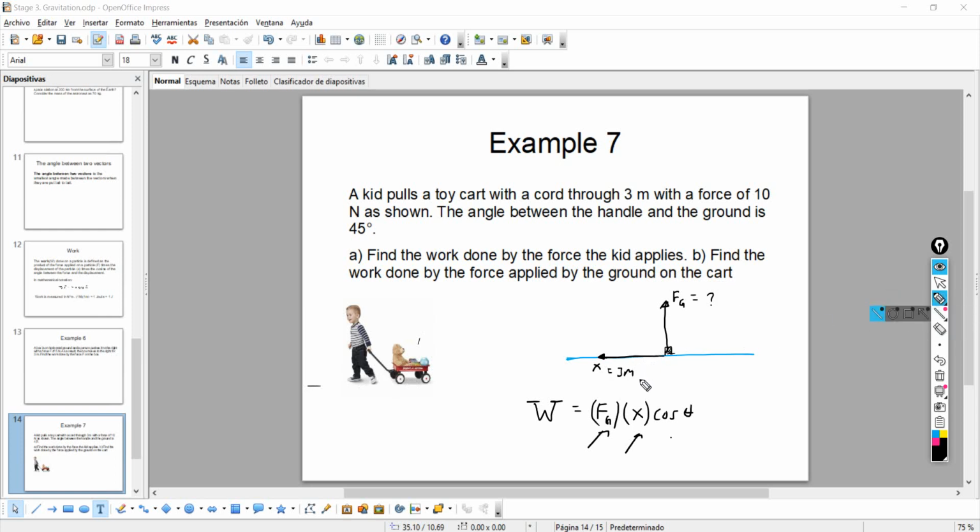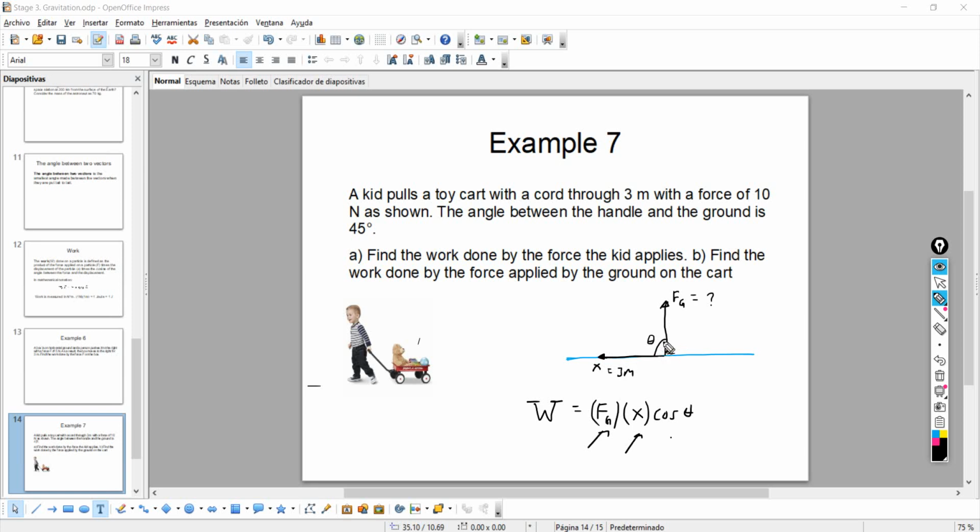Okay, so basically, we have this force and this displacement. This is the force that the ground applies on the cart, and therefore we also have the angle between this force and this displacement. Now tell me what this angle is, guys. If this force is directed upwards, and this displacement is directed to the left, then what angle should this be?